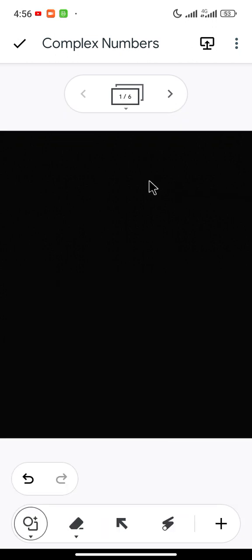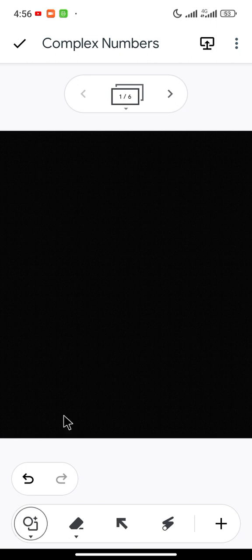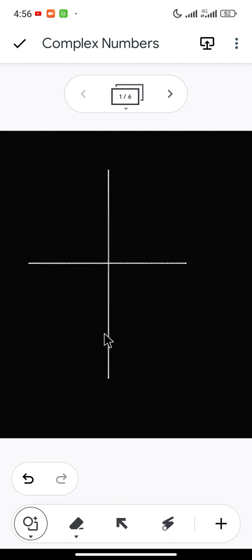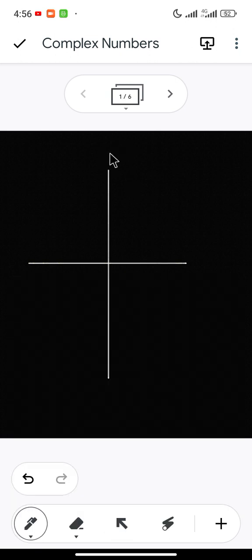You draw your plane, simply draw your plane. Now, as we said, this is your positive y, positive x, your negative y, and your negative x.